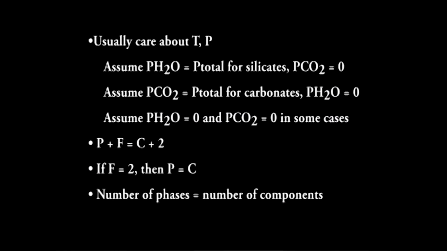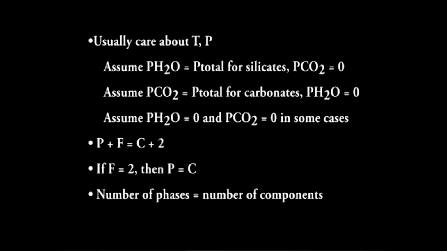Simplifying degrees of freedom: generally, we ignore pH, Eh and oxygen fugacity for most rocks, except for sulfide systems. Usually we care about pressure and temperature. Assume PH2O equals P total for silicates with PCO2 equal to 0, and assume PCO2 equals P total for carbonates with PH2O equal to 0, or PH2O and PCO2 equal to 0 in some cases.